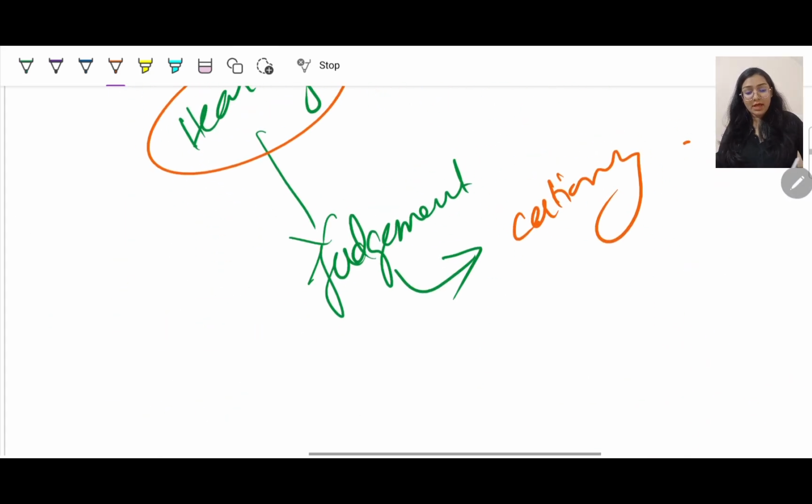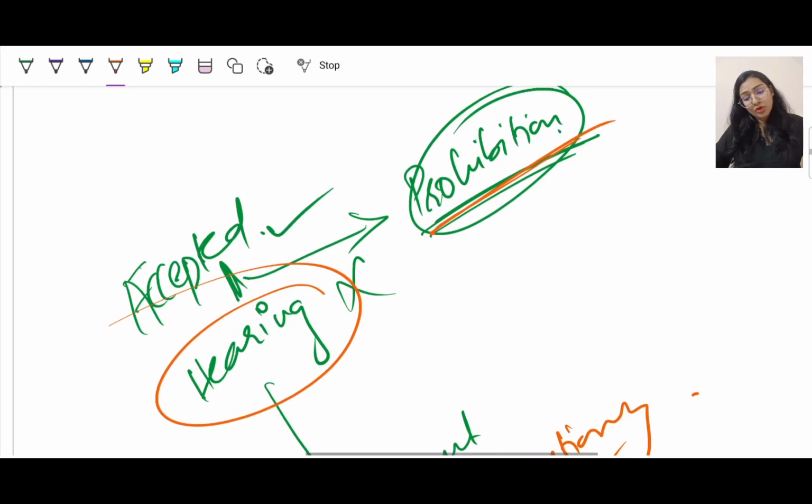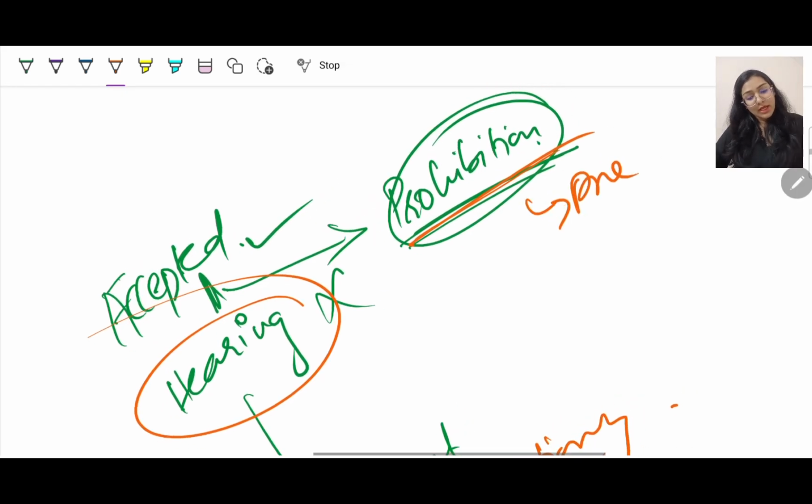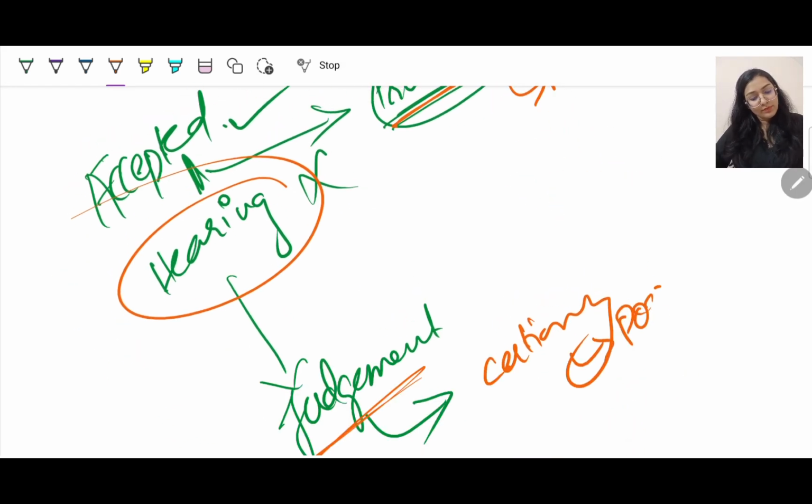After the judgment, if I understand that the order given by the judge is not fair or was not even within their jurisdiction, but they have pronounced their judgment, in that case you are issuing a writ of certiorari. So prohibition is your pre and certiorari is your post.